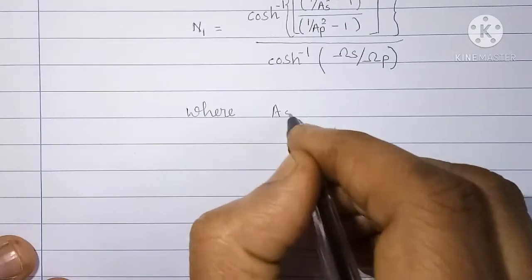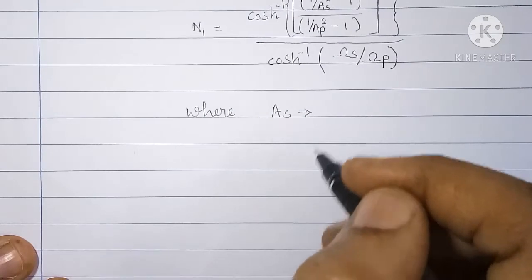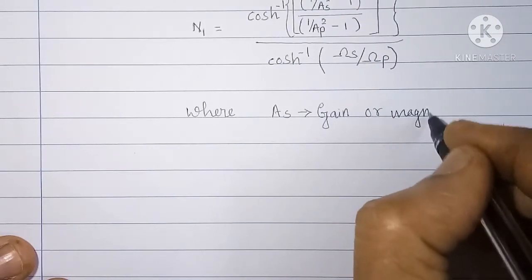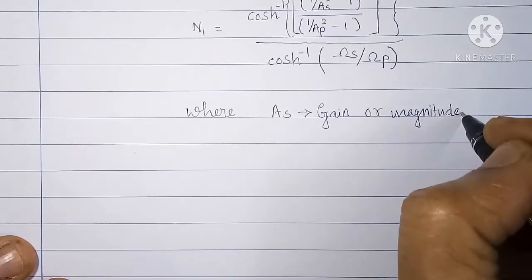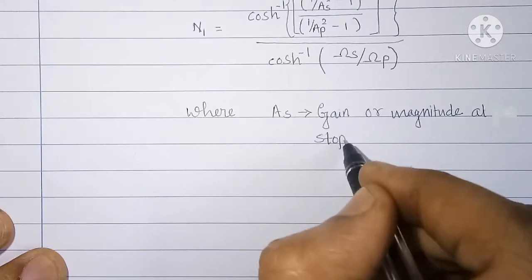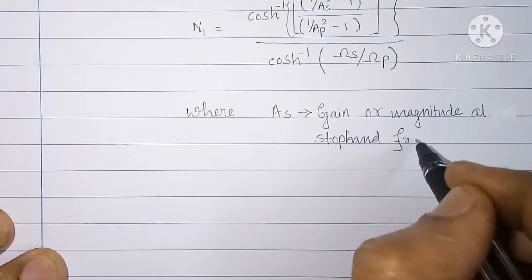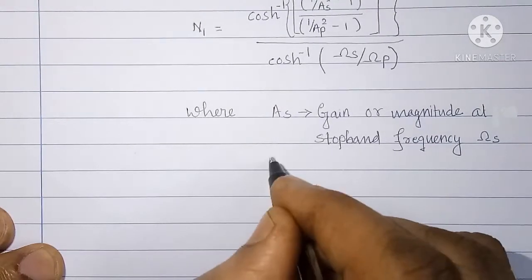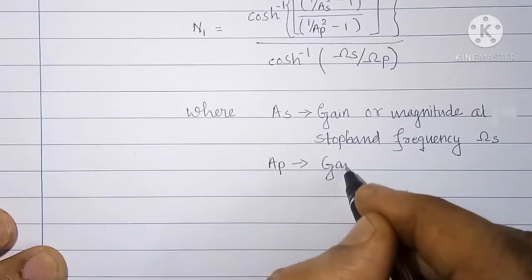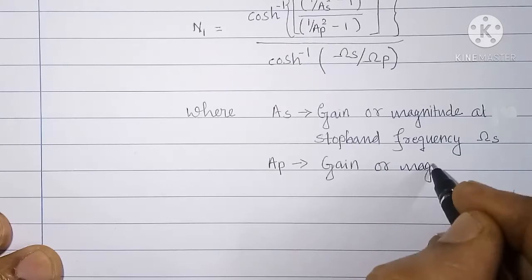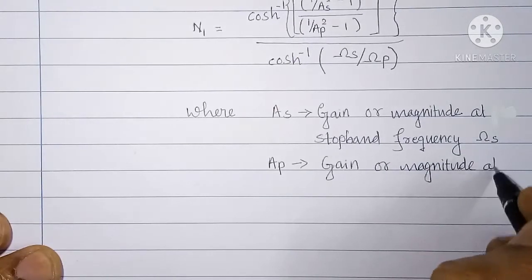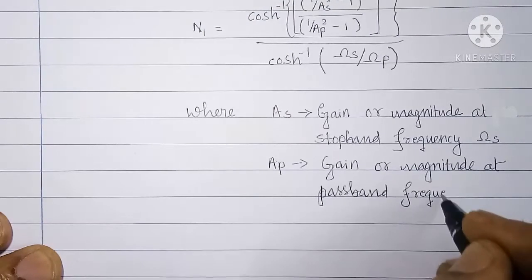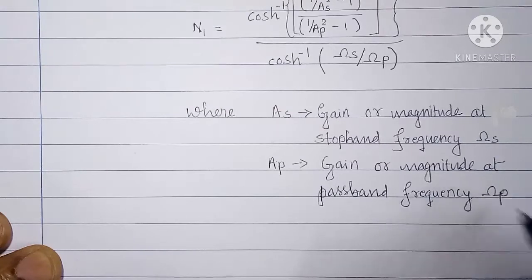where As is gain or magnitude at stop band frequency omega s, and Ap is gain or magnitude at passband frequency omega p.